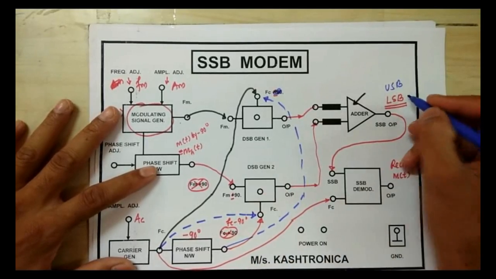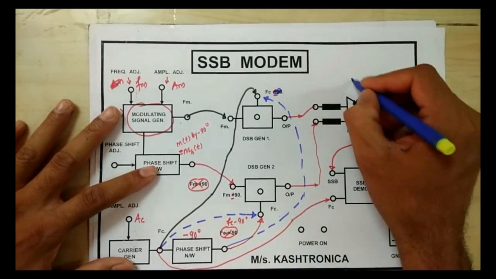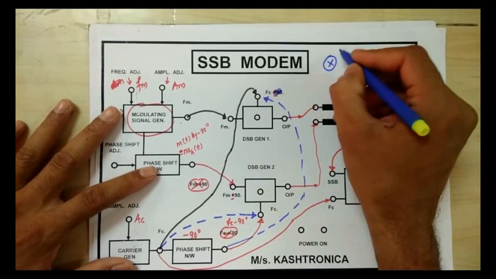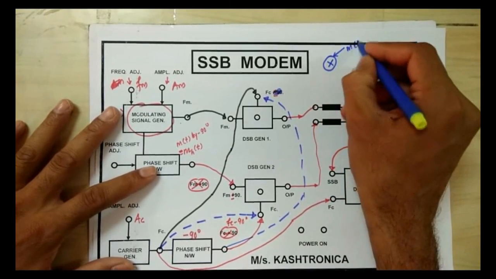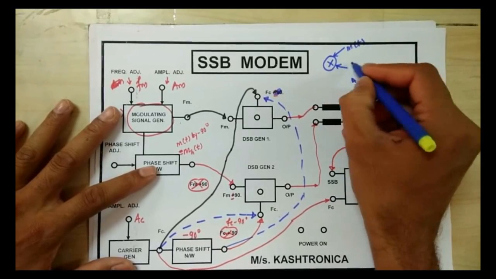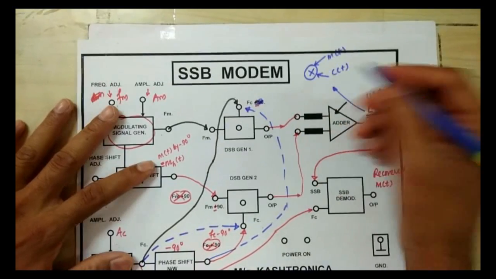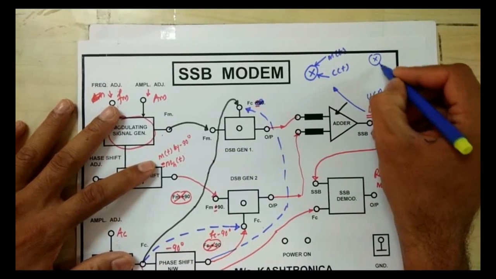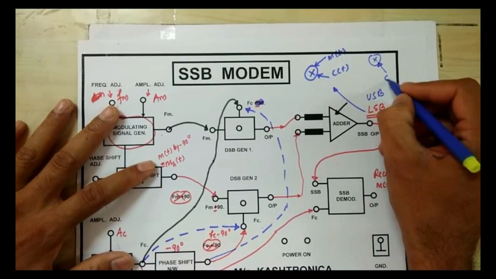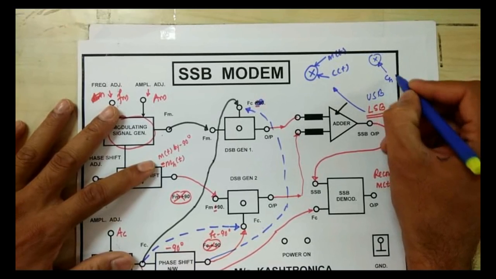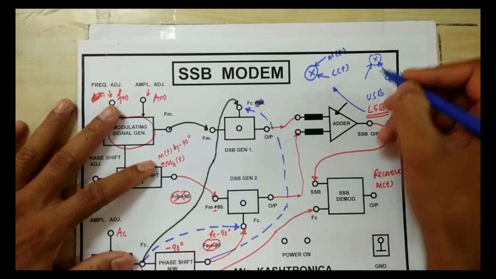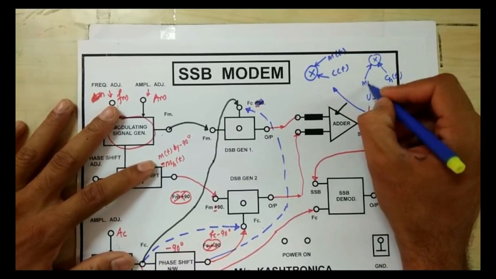So how to generate LSB? Again, rewrite this. In one DSB-SC, message and carrier, and in the second, shifted carrier and shifted message.